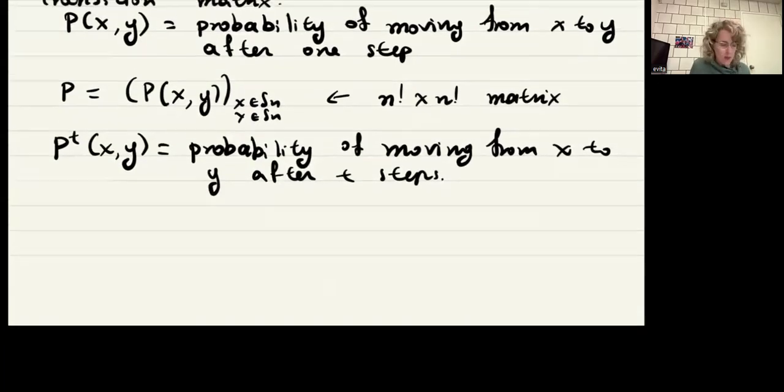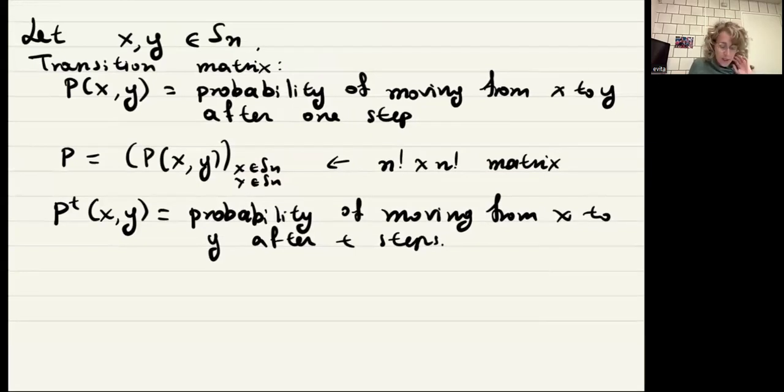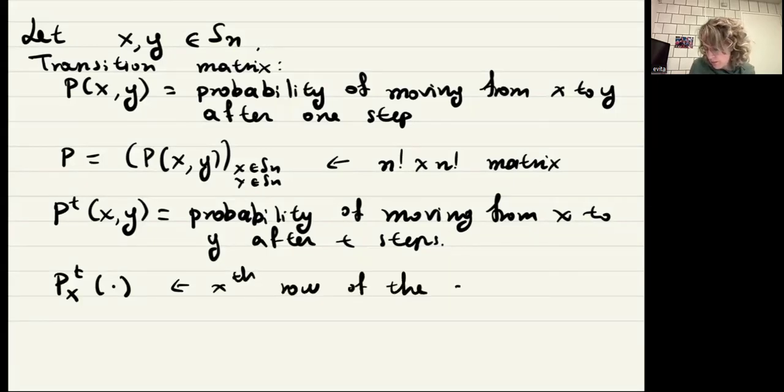And just the notation, we will be putting the starting point down there, so that this is now the Xth row of the transition matrix, which is a probability measure, meaning that if we add in terms of Y, we will be getting 1. We must land somewhere after T steps.